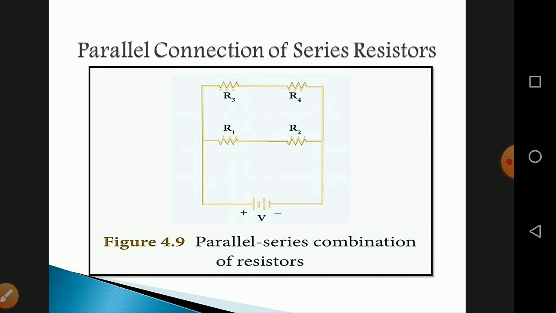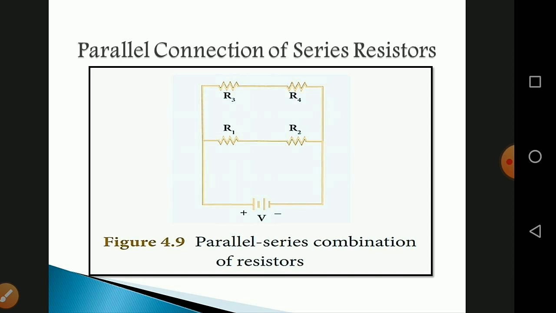Let R1 and R2 be connected in series to give an effective resistance of RS1. Similarly, let R3 and R4 be connected in series to give an effective resistance of RS2. Then both of the series segments are connected in parallel.